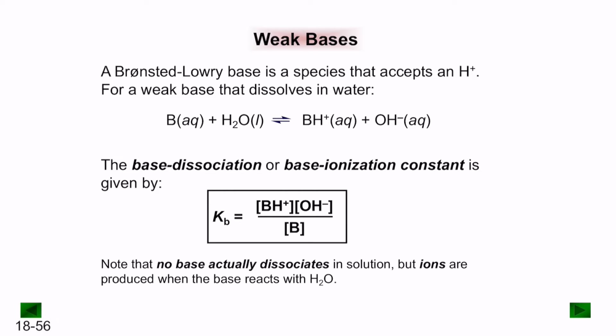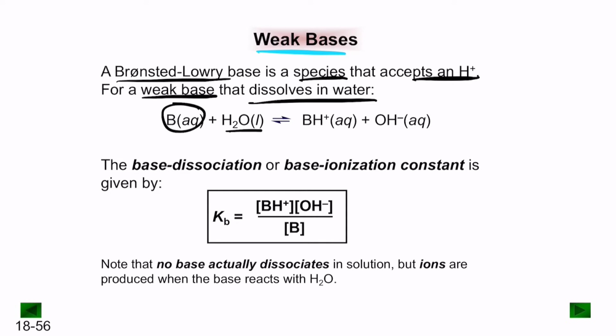So let's get into the next topic, weak bases. Just like weak acids, we can also write down the base dissociation or base ionization constant. We know that a Bronsted-Lowry base is a species that accepts a proton. So for a weak base that dissolves in water, we can write that the base plus water becomes BH plus and OH minus.